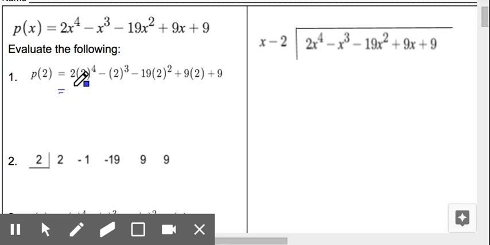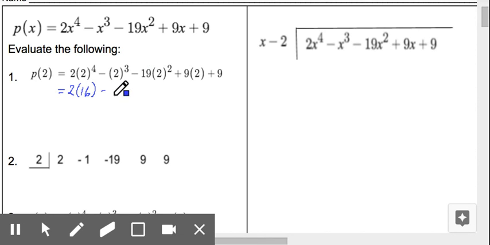So here 2 times 2 to the fourth, that means that we have to get first the value of 2 to the fourth. And 2 to the fourth is 2 times 2 times 2 times 2, 4 times. So we're going to bring down the 2. And then 2 to the fourth is 16, minus. And then here it says 2 cubed.